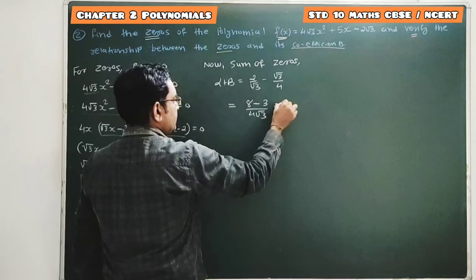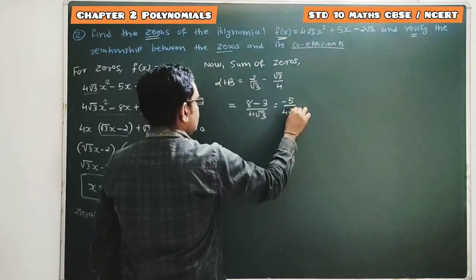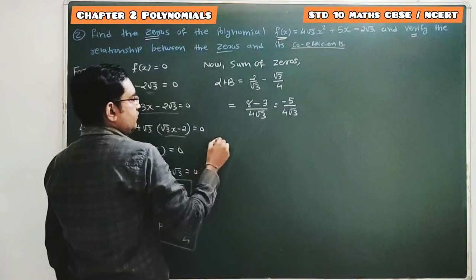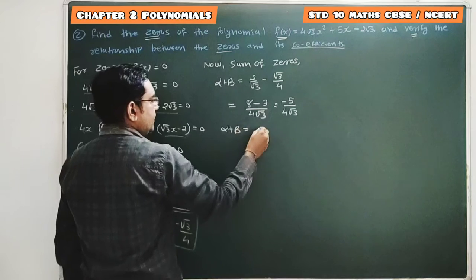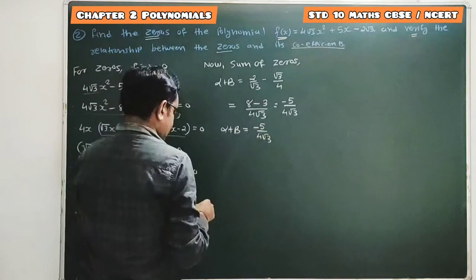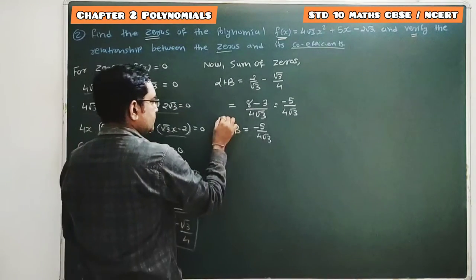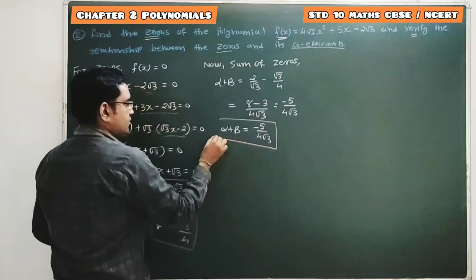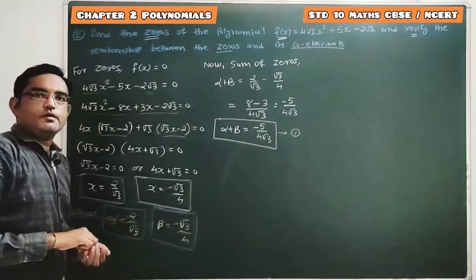So 8 minus 3 is nothing but 5, upon 4 root 3. So here we are getting the sum of zeros alpha plus beta equal to minus 5 upon 4 root 3. Let's call this result number 1.